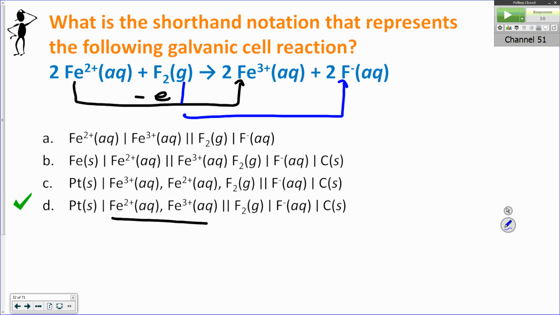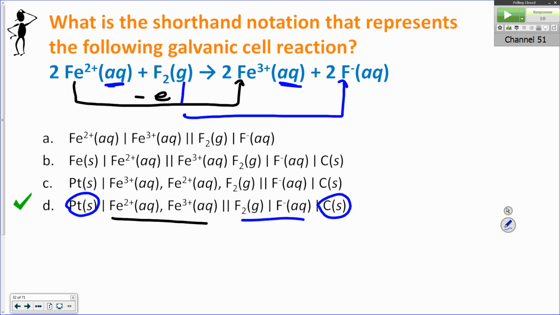The electrodes could be anything. Here they're platinum on one side and carbon on the other. They could both be carbon, they could both be platinum. The two half cells are separated from one another, but on the other side you have the reduction of the fluorine gas into the fluorine anion. So the key thing on this is that there's no phase differences. I guess that would be the hint I want you to look at.